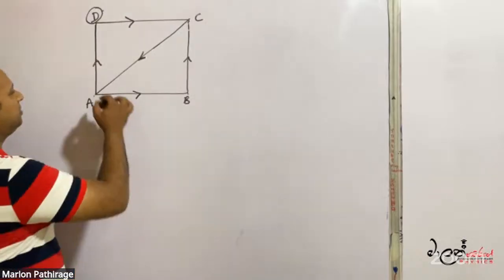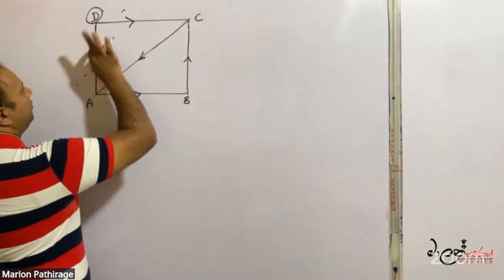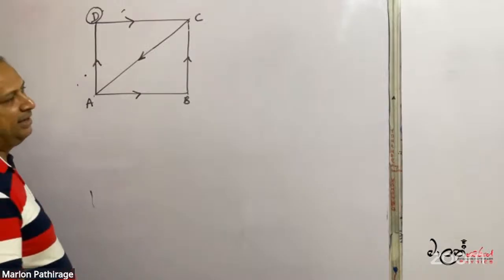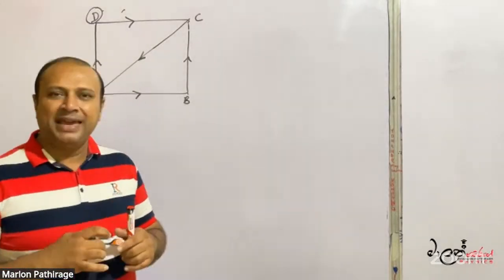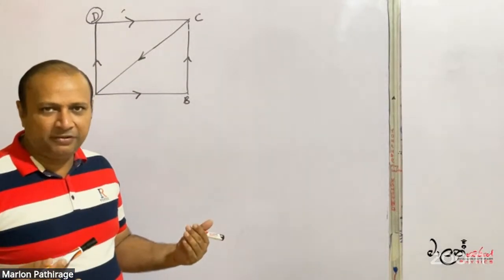That means these two vectors are overlapping.